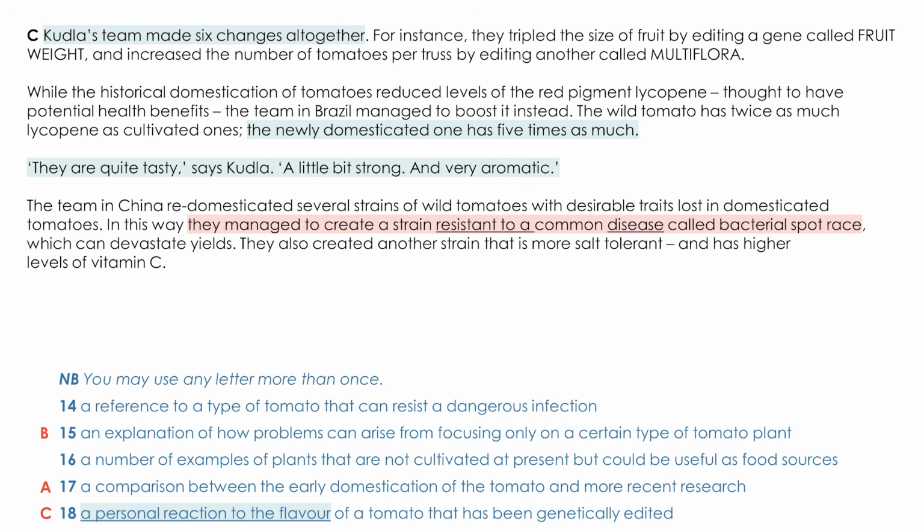They managed to create a strain or a kind of tomatoes resistant to a common disease called bacterial spot race. And in question 14, we're looking for a type of tomato that can resist a dangerous infection. To resist an infection is paraphrased as resistant to a disease.